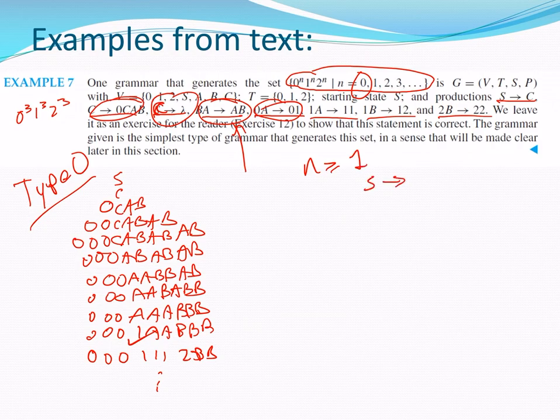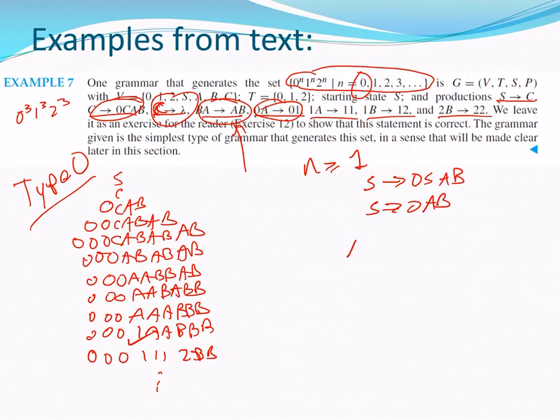I have S producing 0SAB and S producing 0AB. And then I can replace BA produces AB with this.